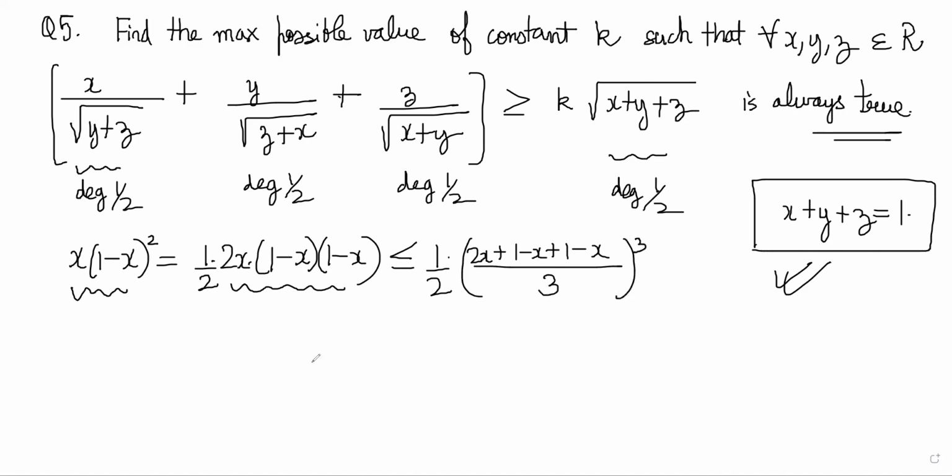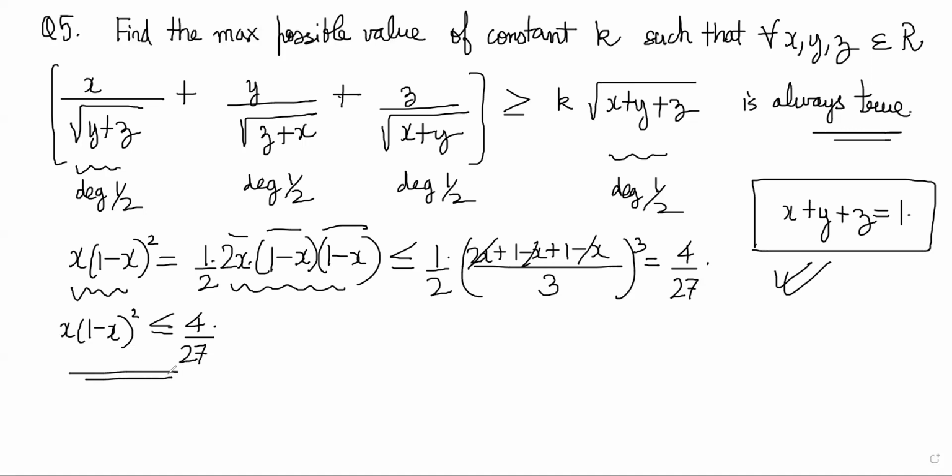So 2x cancels and you get (2 by 3) whole cube, that is 8 by 27, and it becomes 4 by 81. No, 4 by 27, right? So what we know is x into (1 minus x) whole square is less than or equal to 4 by 27, right? Why is this useful?